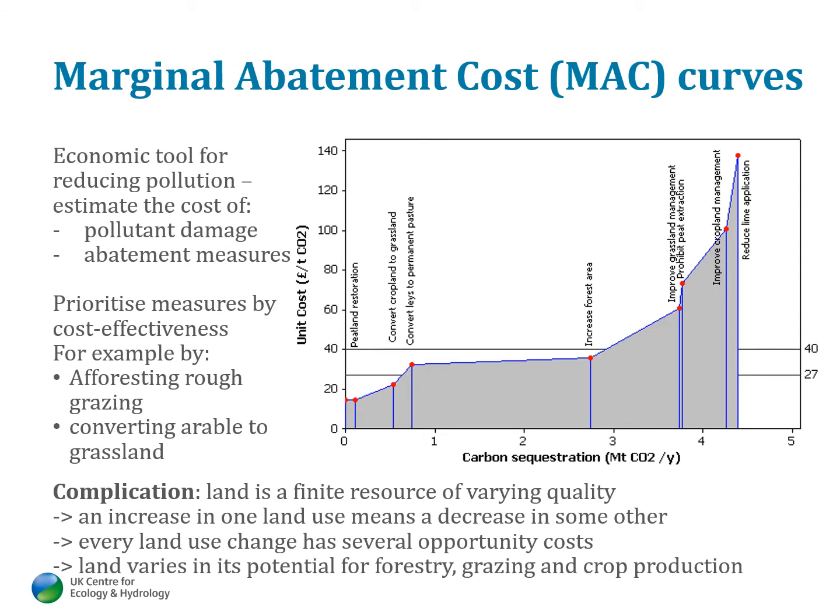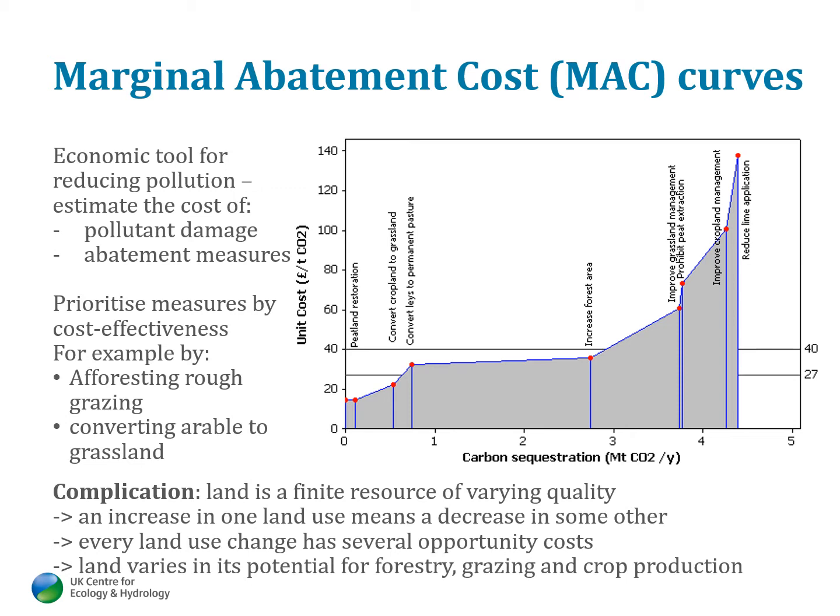However, there's a serious complication in applying this to land use change, in that land is a finite resource, so an increase in one land use means a decrease in some other land use. In other words, every land use change has opportunity costs. That is the cost of not doing agriculture when you were doing forestry, for example.